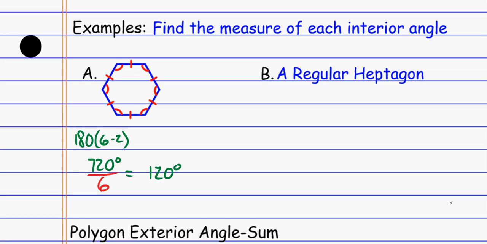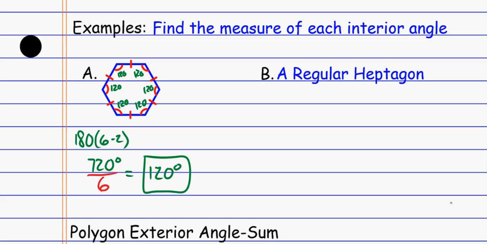So 120 degrees is the measurement of each of those individual angles. This angle is 120, this one is 120, this one is 120. If all 6 of these are 120, that adds back up to 720 degrees. So the total, 720 divided by 6, means it's 120 each.